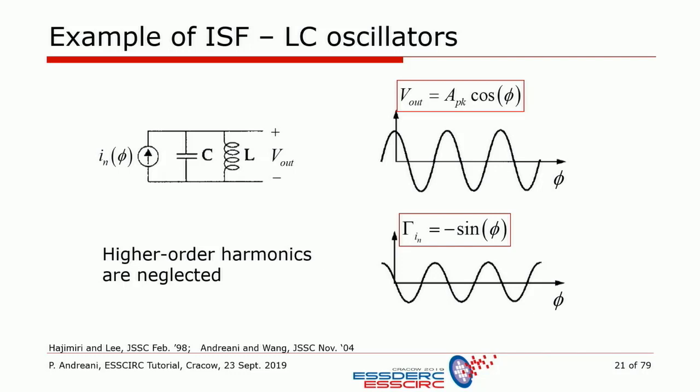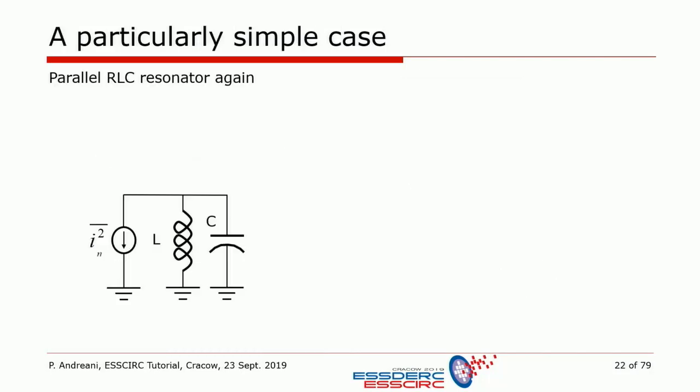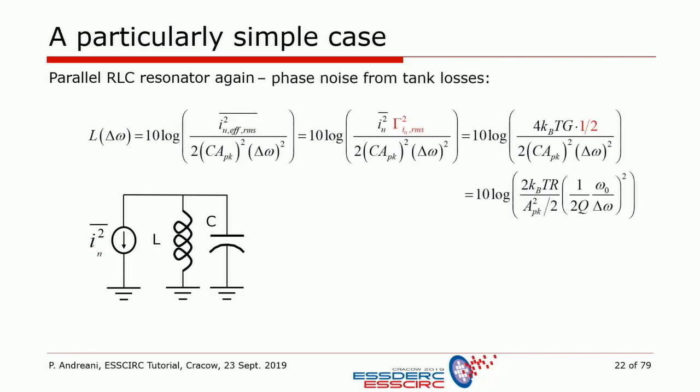But it turns out that in almost all cases this is actually enough, especially if the quality factor of the tank is not ridiculously low. So we go back to our case, our LC tank, with the noise from the parallel tank resistance, and we see that what we get is this equation here.